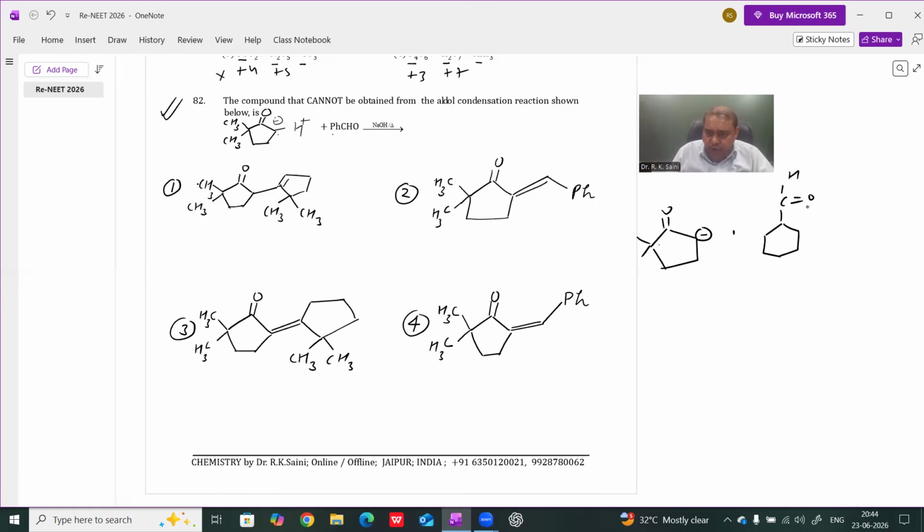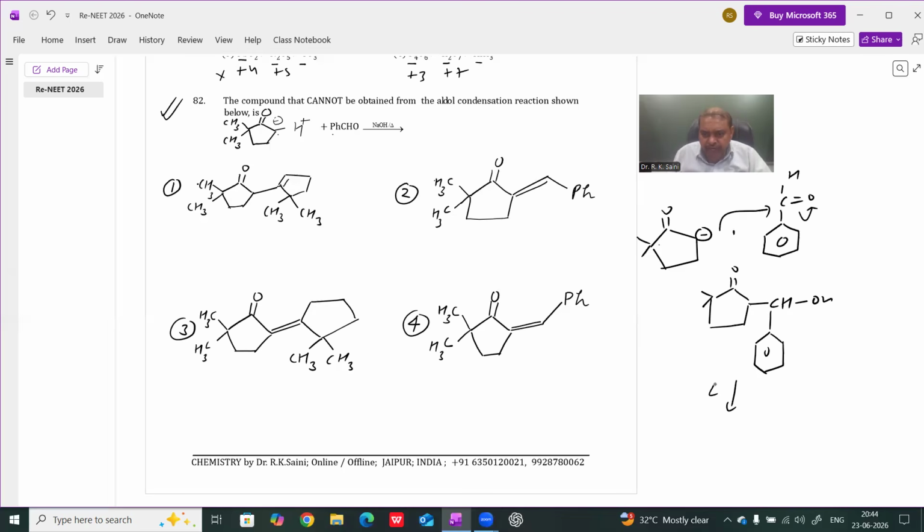This carbon attacks this carbon, and their aldol product is this.